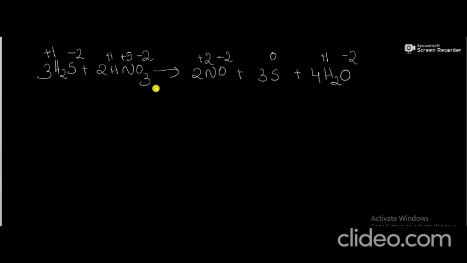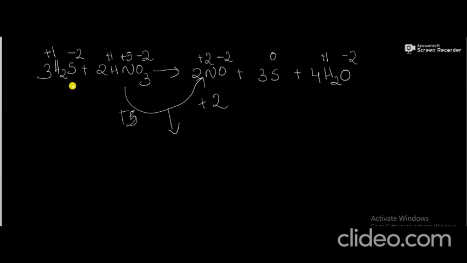Here the oxidation number of nitrogen decreases from +5 to +2. That is a decrease in oxidation number, indicating that HNO3 has undergone reduction to NO.